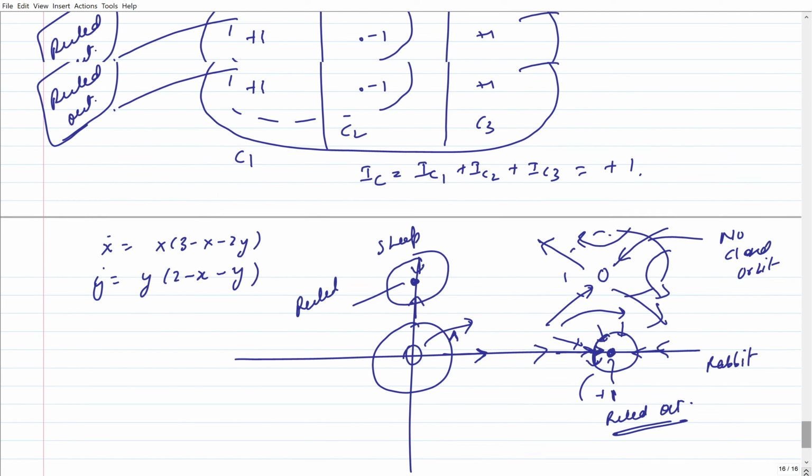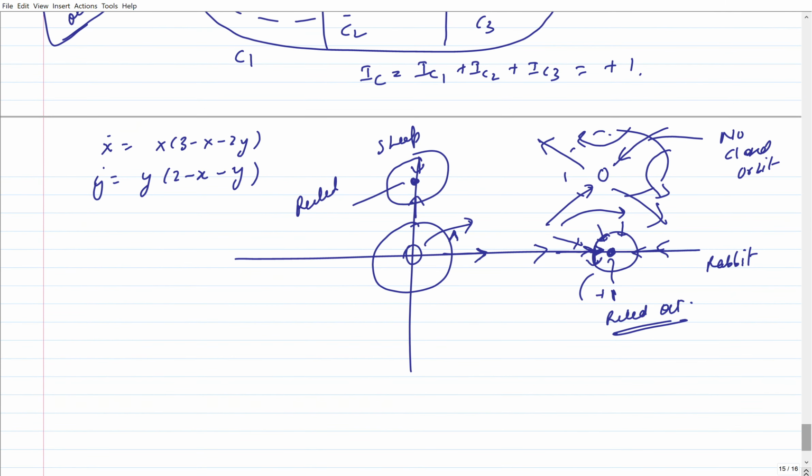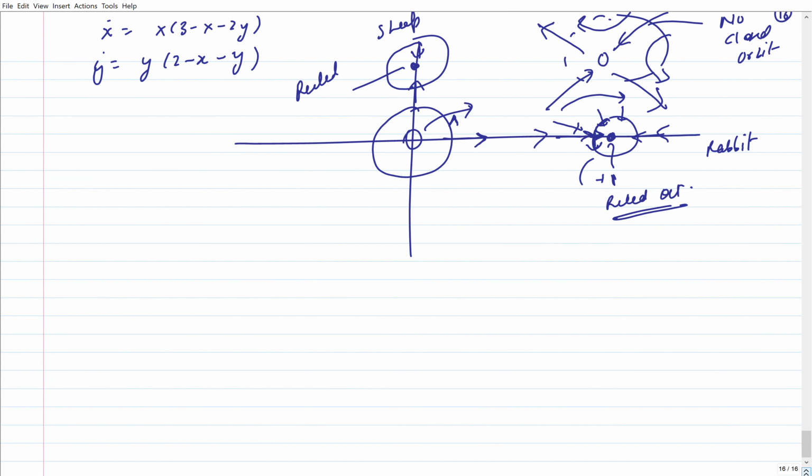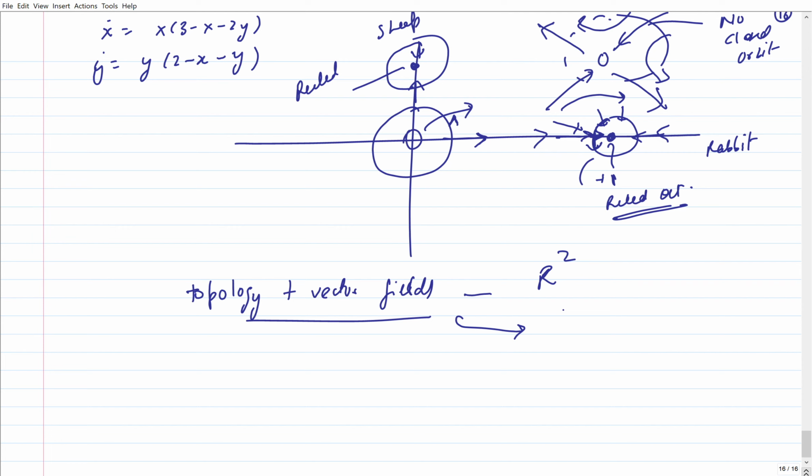This theorem can be generalized, and this is topology plus vector fields. We just had a glimpse of it in the plane, but there exists a very interesting field in higher dimensions about such things.